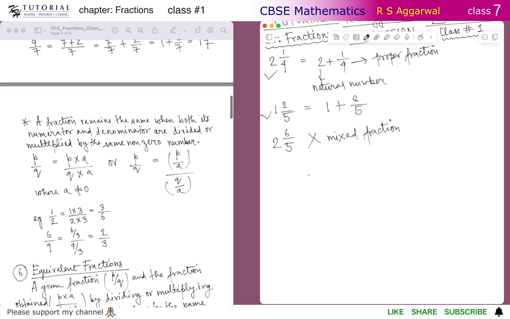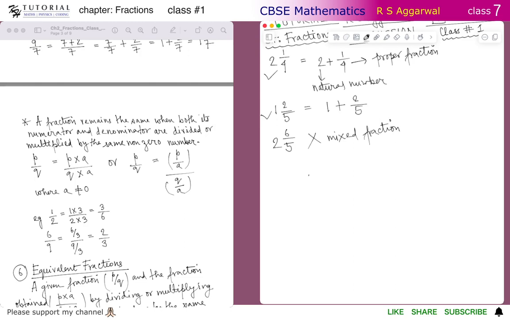Okay. Now one property of a fraction is very important. You must remember that when you multiply or divide both the numerator and the denominator of a fraction by a non-zero number, then the fraction remains the same.